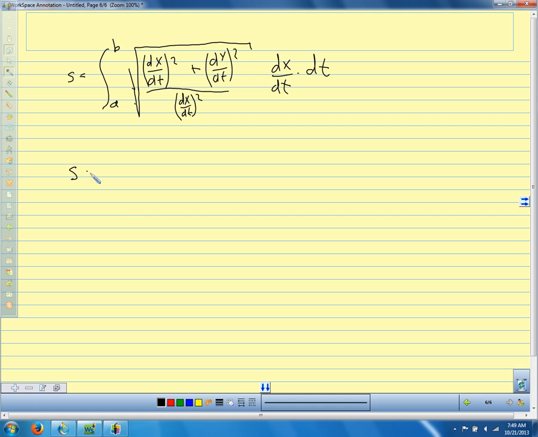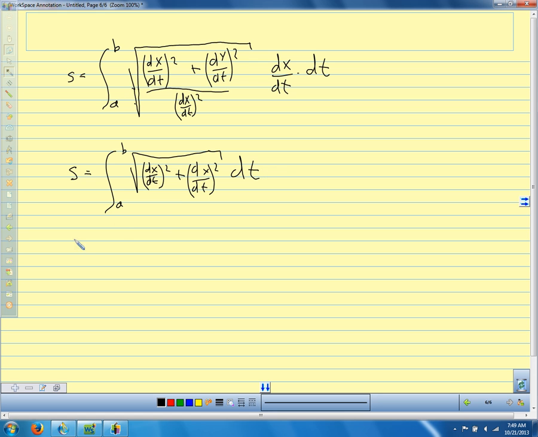So I have s equals our arc length, integral from a to b, the square root of dx dt squared plus dy dt squared dt.